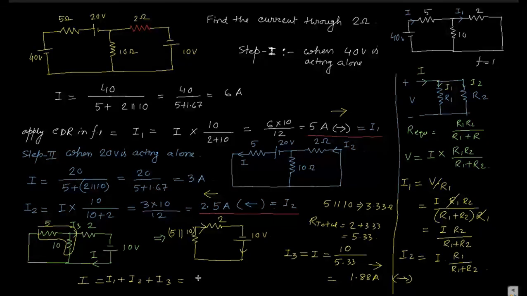So it is 5 ampere minus 2.5 ampere plus 1.88 ampere, which becomes 4.38 ampere, and the direction is in this direction. So this is all about the superposition theorem.